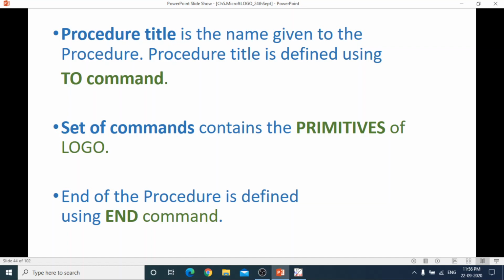These are nothing but the primitives of Logo, meaning Logo commands.